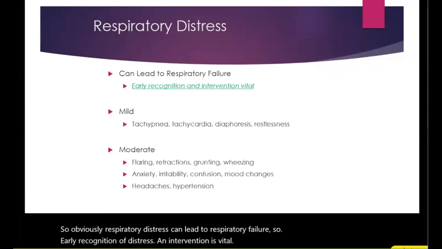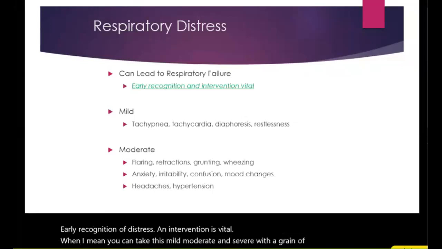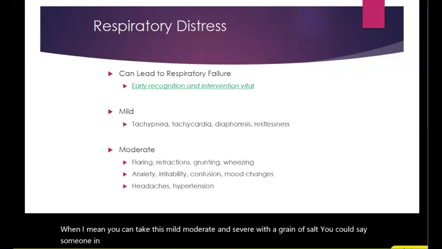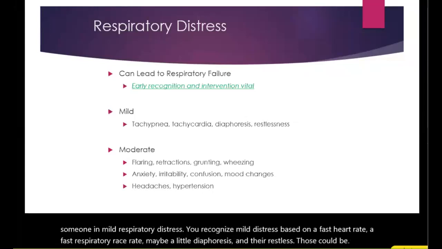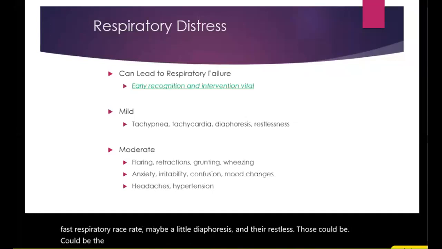You can take this mild, moderate, and severe with a grain of salt. Someone in mild respiratory distress, you recognize based on a fast heart rate, a fast respiratory rate, maybe a little diaphoresis, and they're restless. Those could be the initial signs of respiratory failure.